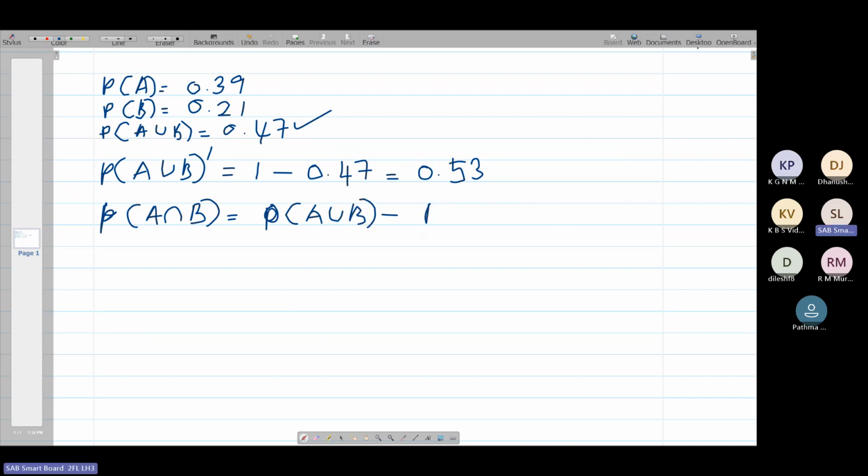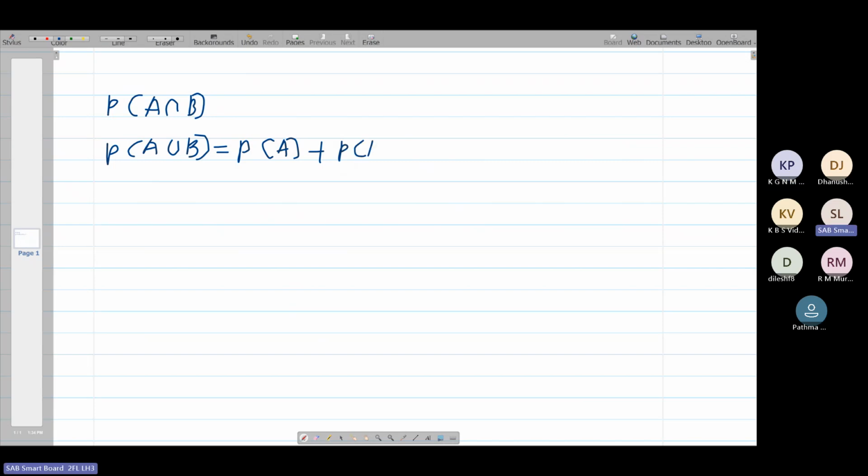Then we can deduct probability of A plus probability of B minus the intersection. The only thing we can use is the addition law of probability to get the value. Okay, then the union is 0.47.